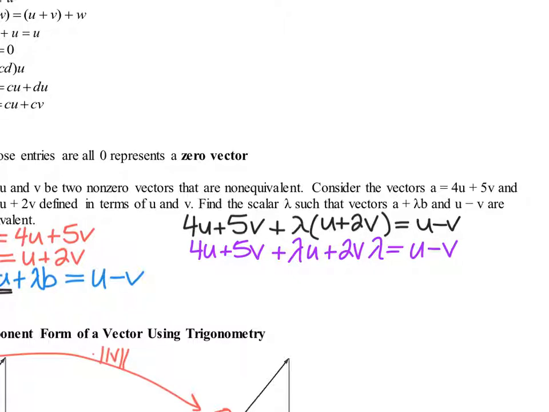All right, so what we want to do is really just collect all our u's, because 4u plus lambda u should be equal to just a u. It's kind of like, well, actually, I don't know if this is an analogy that's going to land, because I teach partial fractions slightly different from the way other people do.